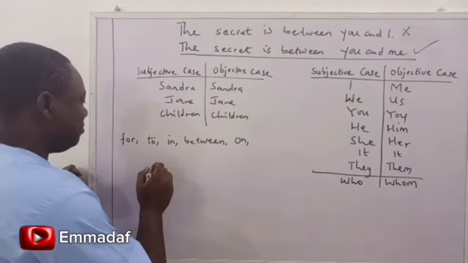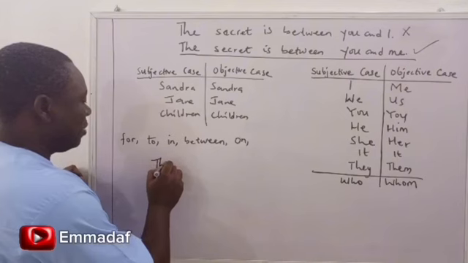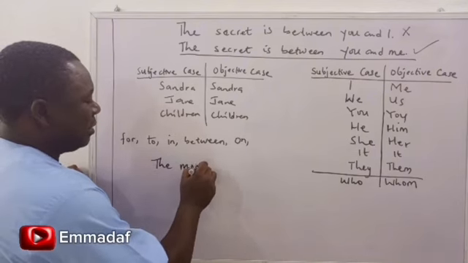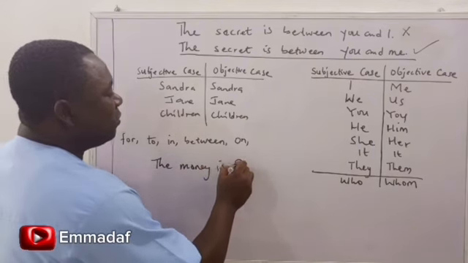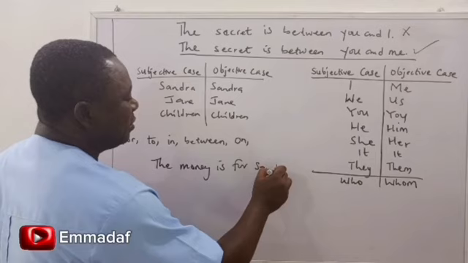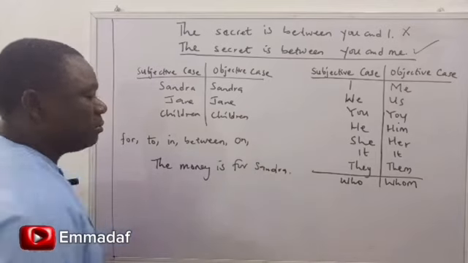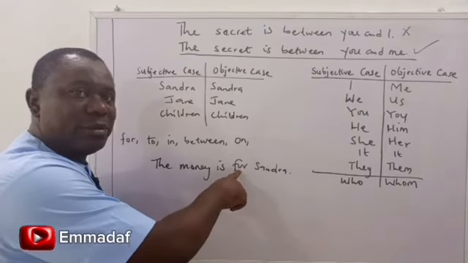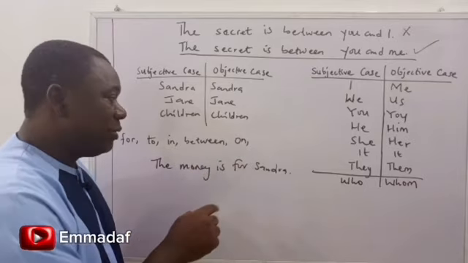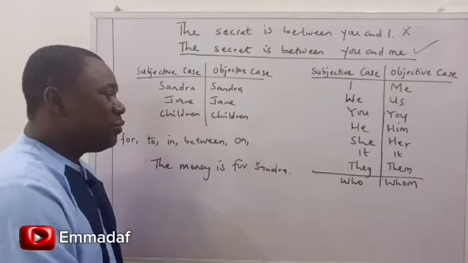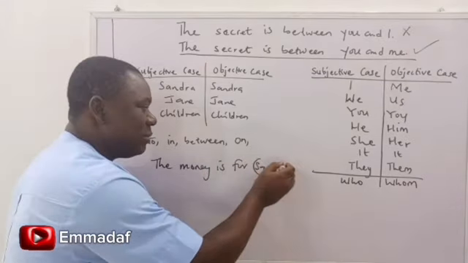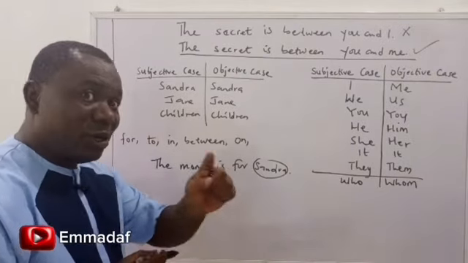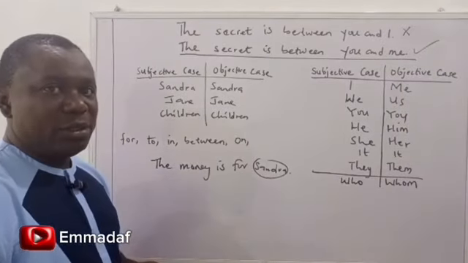For example, the money is for Sandra. This is a preposition and it is followed by a noun. So this noun, Sandra, is the object of this preposition.